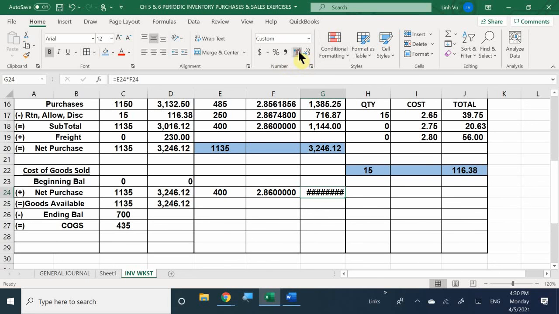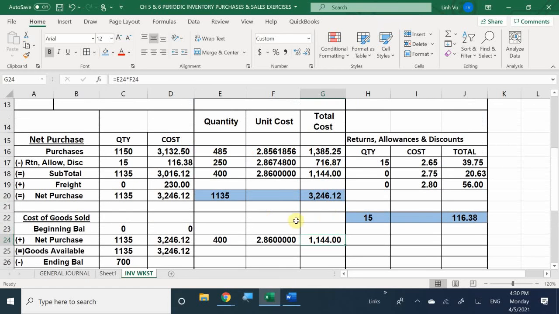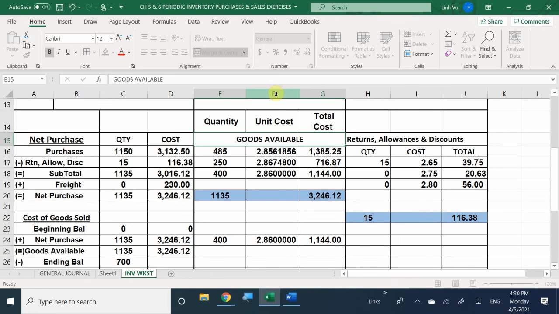So we're just taking those numbers and putting them down right now, right? Yes, this is my goods available up here, right? If you want to, you can format this to merge them and say this is your goods available, just as an indicator.